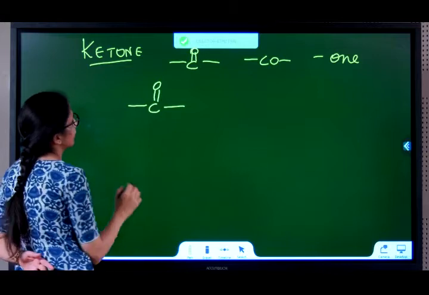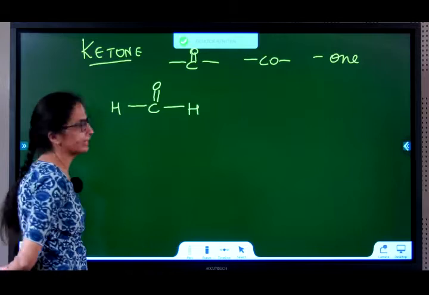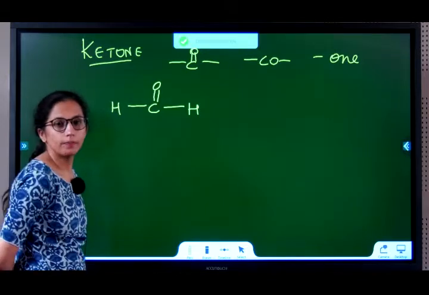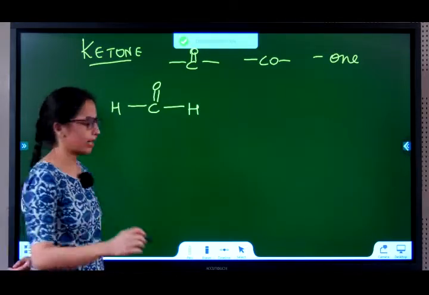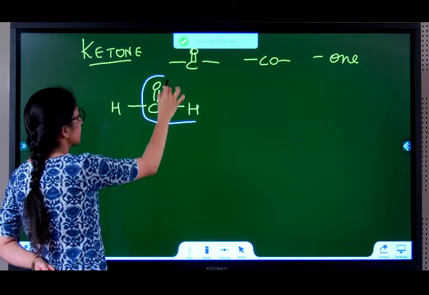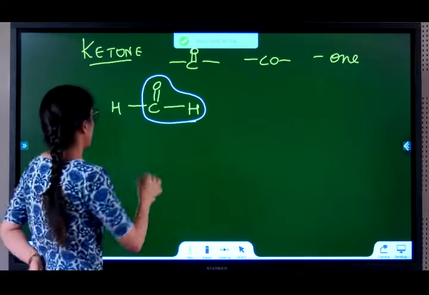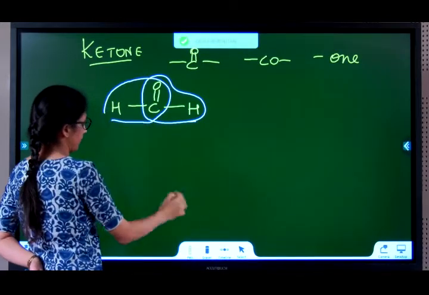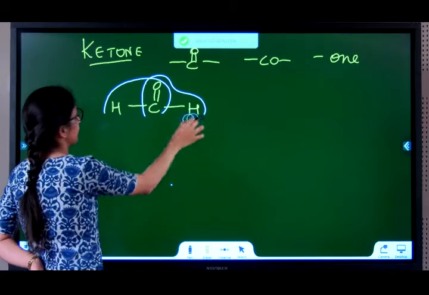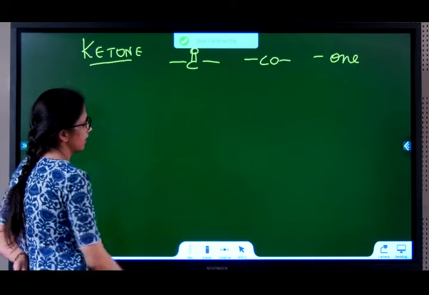Now if I simply add H's like how I did in the previous aldehyde and carboxylic acid, will this be a ketone? No. Why? Because observe, if you add H, this becomes an aldehyde group, or this becomes an aldehyde group, any one. It's nothing but your methanol. Wrong. You cannot just add a H.